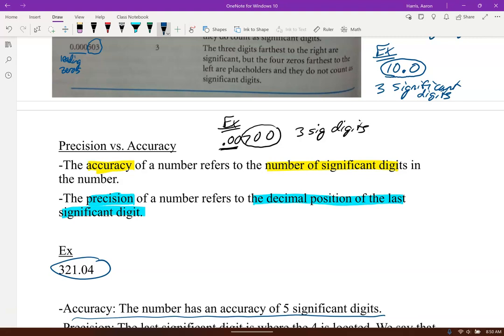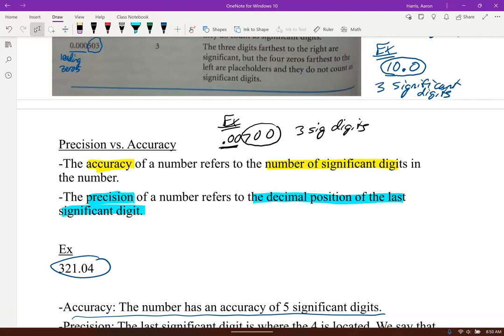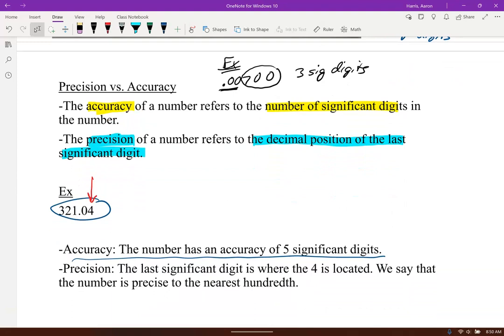Right? 5 significant digits, that's how accurate it is. And the precision, so the last significant digit is in what position right there? We say, well, that's the 100th position. So the number is precise to the 100th position. Again, the last significant digit there.